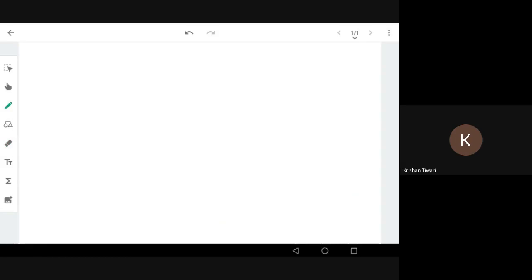Now, to apply the Routh-Hurwitz criterion, first you will be given a transfer function. For example, I'll give you an example.